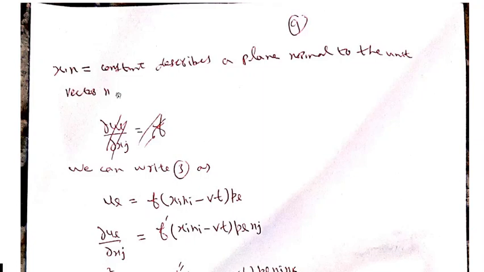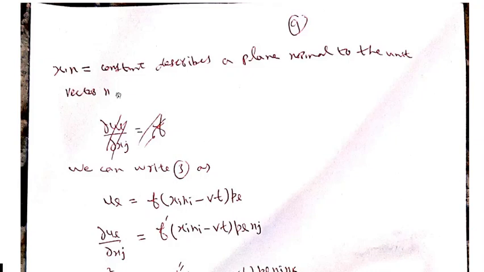You can write that as ax plus by plus cz equals ax1 plus bx2 plus cx3, and this is the constant d. On the left side you have x dot n, where x, y, z is any point on the plane, and the plane is passing through the point x1, x2, x3. And a, b, c are the components of the normal to that plane.